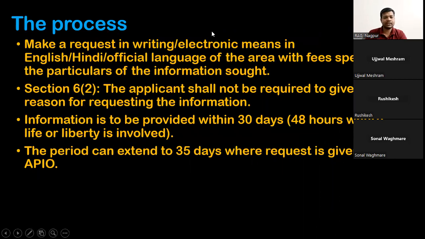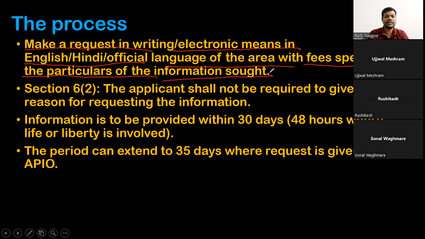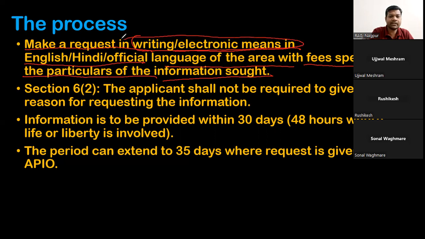Now, what is the process of obtaining the information? There shall be some process. The process is, you have to make a request in writing or by electronic means in English, Hindi, or any official language of the area, with fees, specifying the particulars of the information sought. Whatever information you need, make a request in writing or electronically.